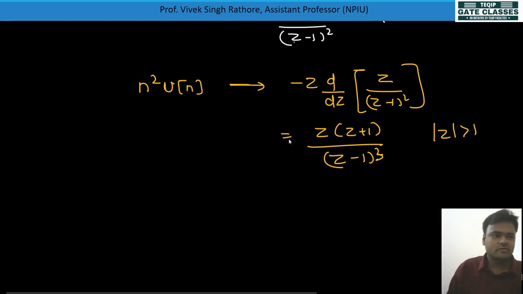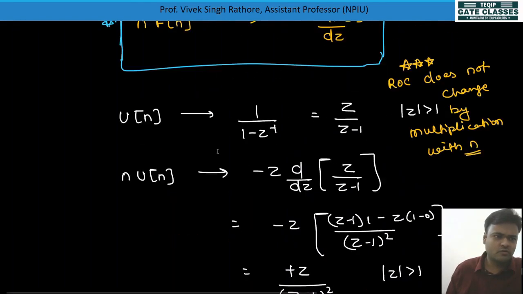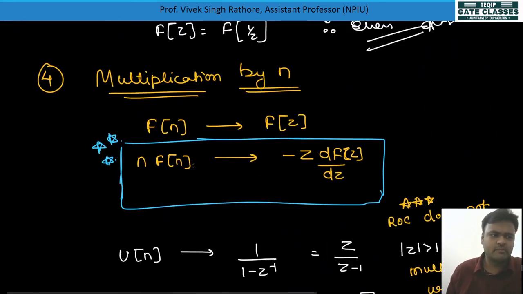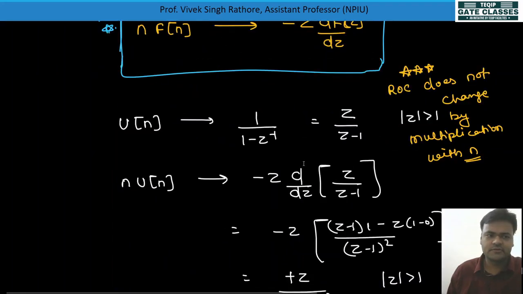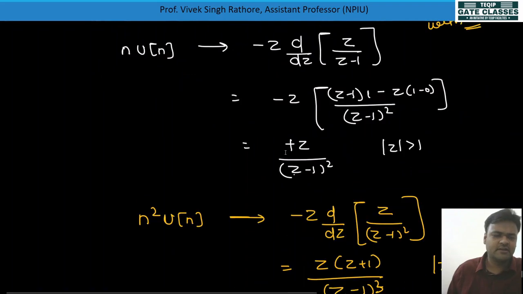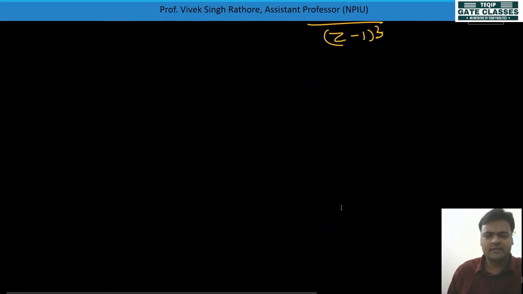So this property is not so tough. Just remember that the z transform of n into f of n is minus z df by dz. Otherwise we only need to differentiate, everything is easy. So we'll go with the next segment.